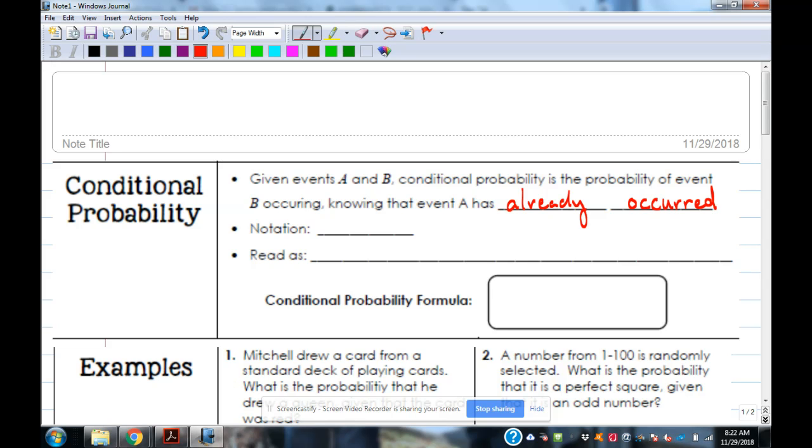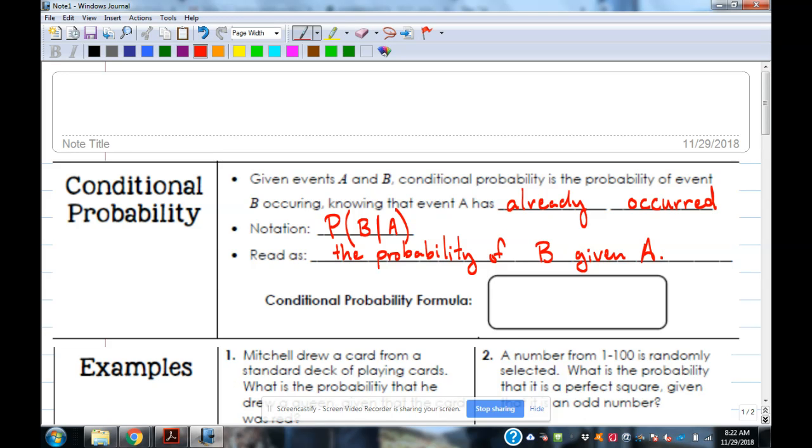The notation that's used for that is probability with parentheses, like it's been in the past, but it's B and then a straight up and down bar, A. The way you read that is the probability of B given A. That's the way it's read in most contexts.